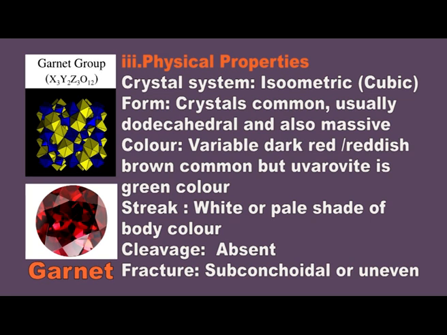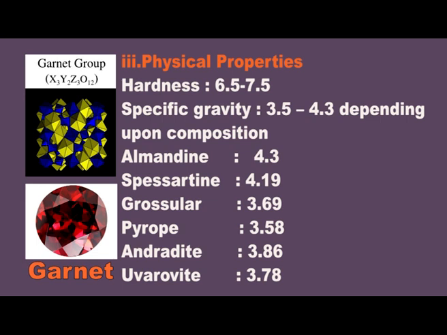Fracture: subconchoidal or uneven. Hardness varies from 6.5 to 7.5. Specific gravity varies from 3.5 to 4.3 depending upon composition: almandine 4.3, spessartine 4.19, grossular 3.69, pyrope 3.58, andradite 3.86 and uvarovite 3.78.